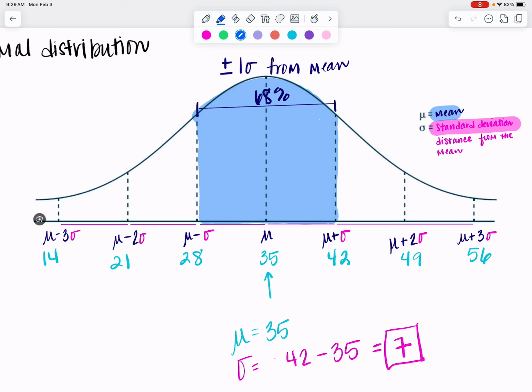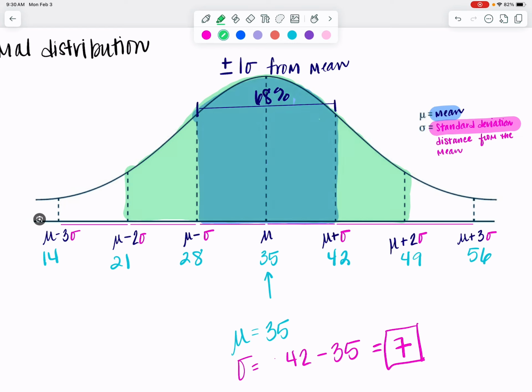Now, the next thing that the empirical rule states is that if we go out one section farther, Miss Graham, it really bothers me that you went outside the lines.